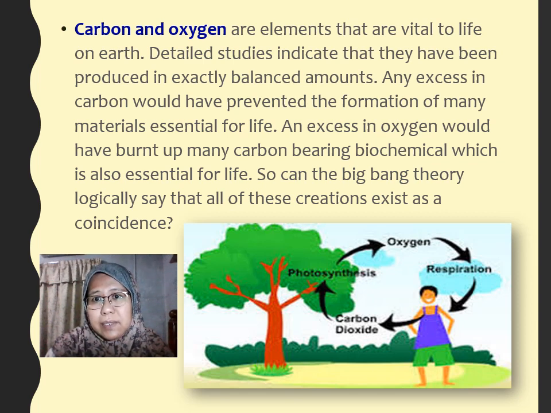And then an excess in oxygen would have burnt up many carbon-bearing biochemicals, which is also essential for life. So how can the Big Bang Theory say that all of this creation exists as a coincidence? We just believe that God made us.